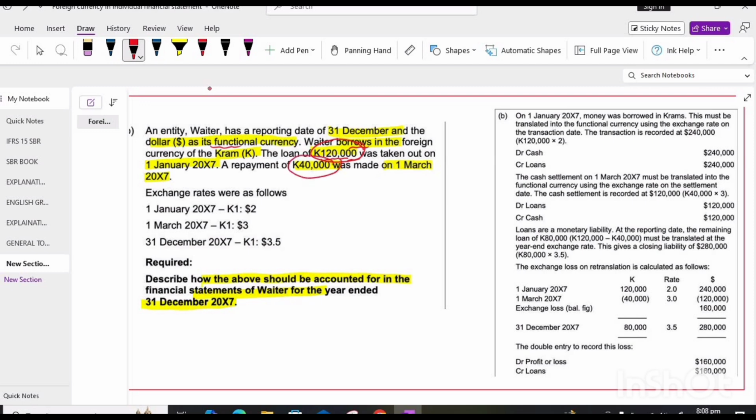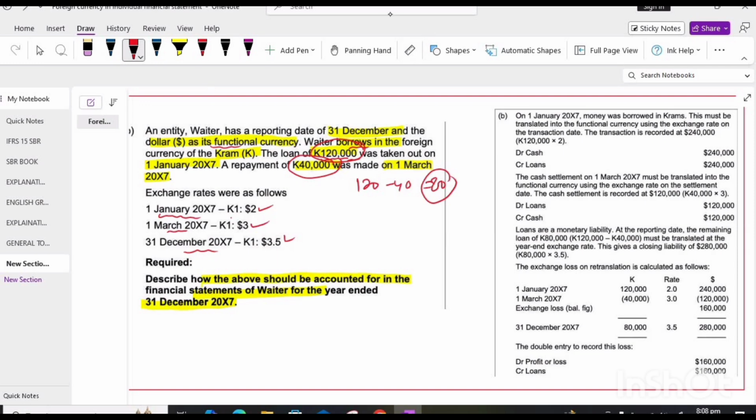So 120 minus 40, the remaining balance is 80. Clear? So the remaining balance is 80. Now on 1st January 2007, this is the exchange rate. On 1st March, this one is the exchange rate, and this one is the 31st December 2007 exchange rate. So first you have to translate the transaction of 120.